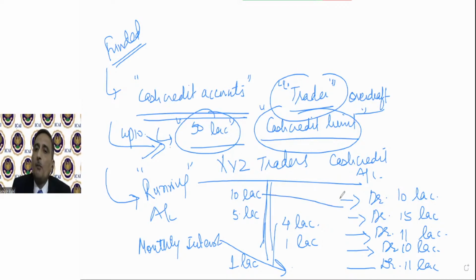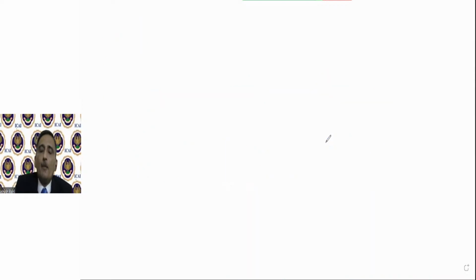For the number of days my balance is 10 lakhs, interest would be levied by the bank on 10 lakhs. And for the number of days my balance in my CC account is 15 lakhs, the bank would be levying interest on 15 lakhs. So clear, guys? This is cash credit overdraft account. Now, what do we mean by bill purchased and discounted?